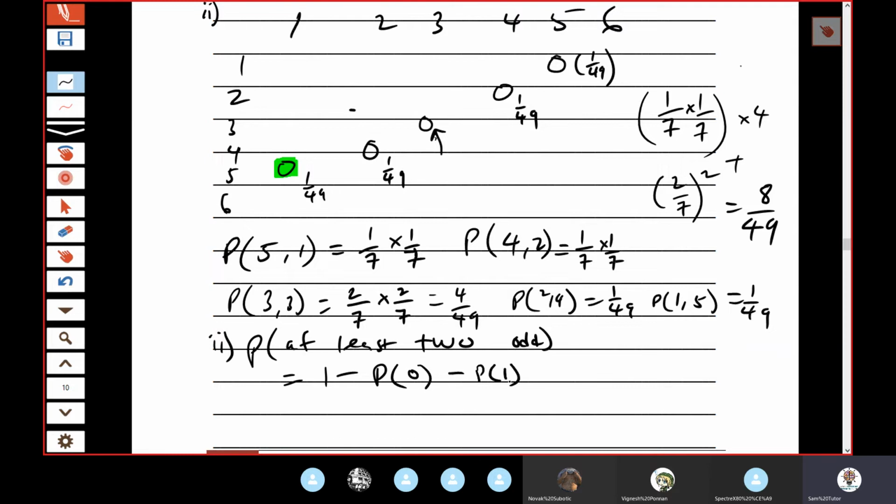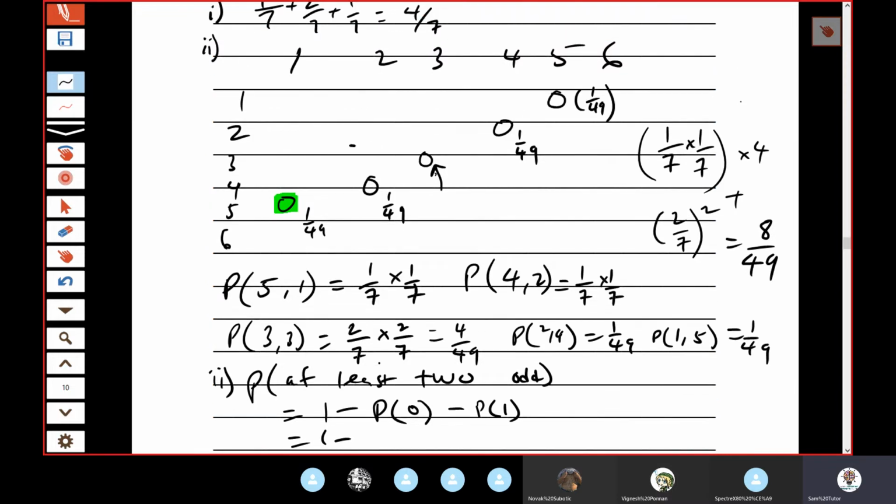So 1 minus the probability of even. Oh, there are so many cases. Is there a faster way of doing this? Anything, 0, or at least two odds.